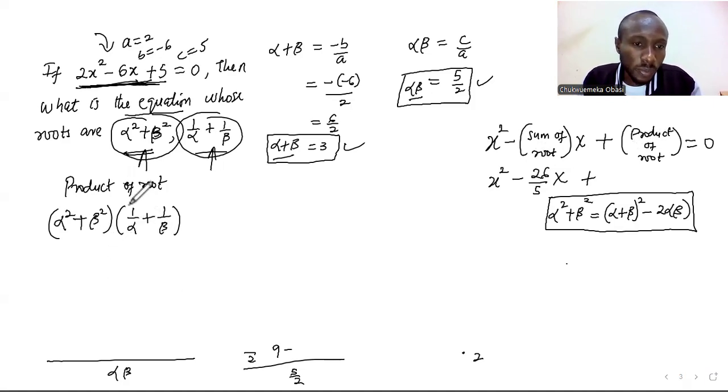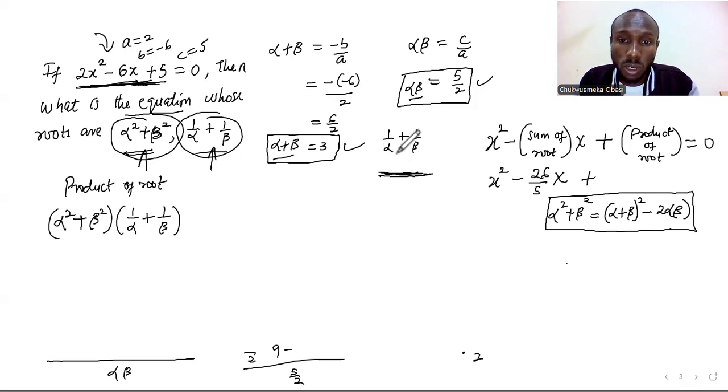So right now, let's simplify what we have in this bracket: 1/alpha plus 1/beta. How do you do that again? You can just quickly say 1/alpha plus 1/beta. The LCM is going to be alpha beta. There is a really short way of doing that, but I don't know your level of math, so I don't want to surprise you. Let me do it the most basic way.